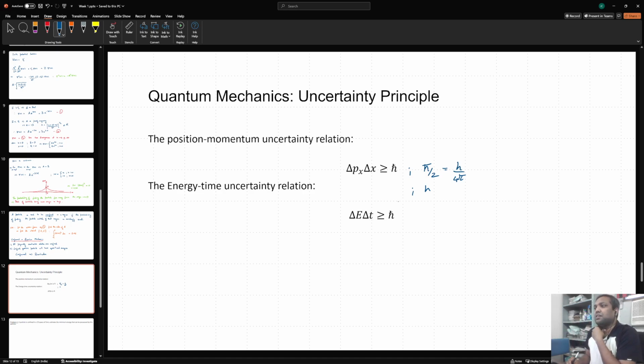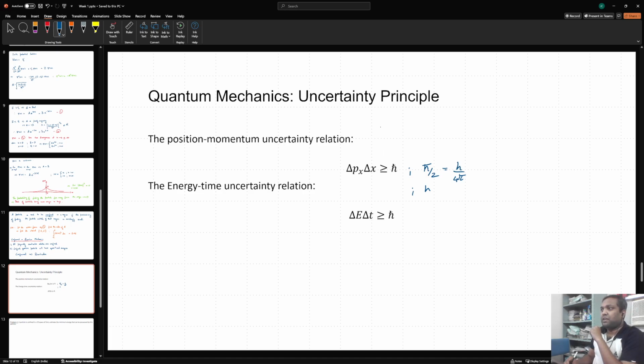So now, what does the uncertainty principle mean? What is the message that it conveys? I have given two uncertainty relations over here: the position-momentum and the energy-time uncertainty relation. So what does this mean?